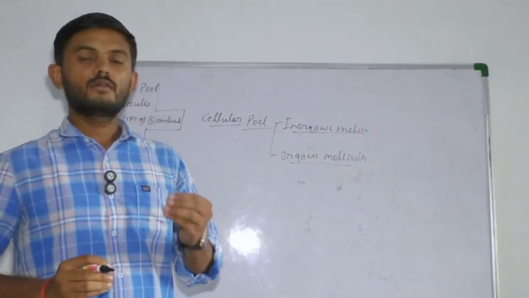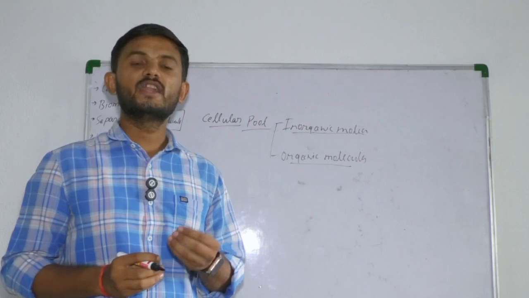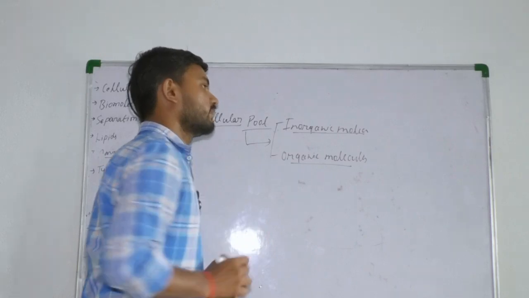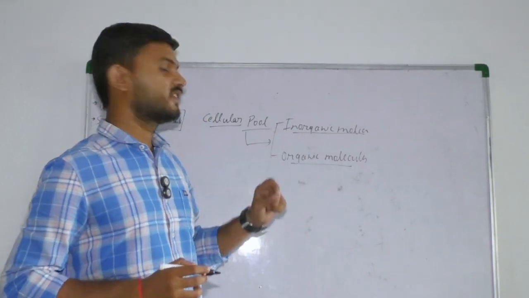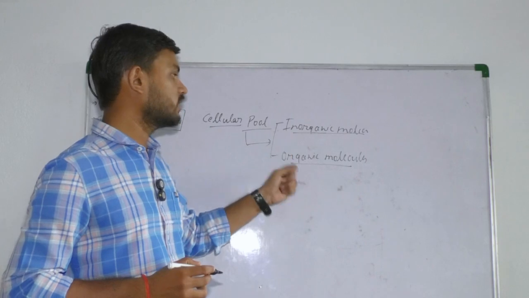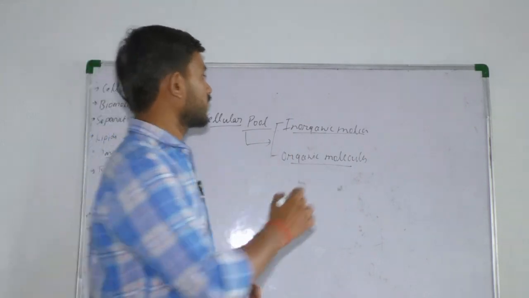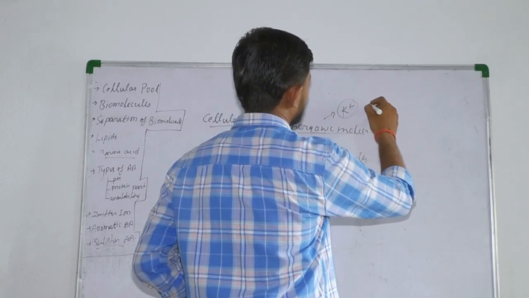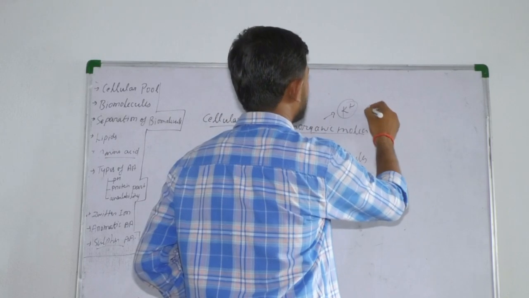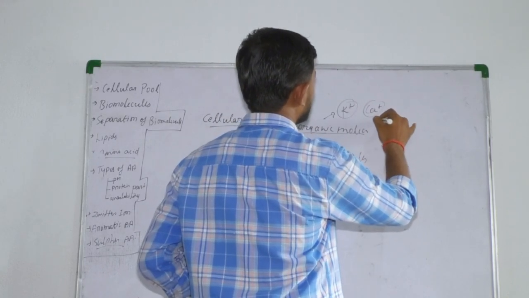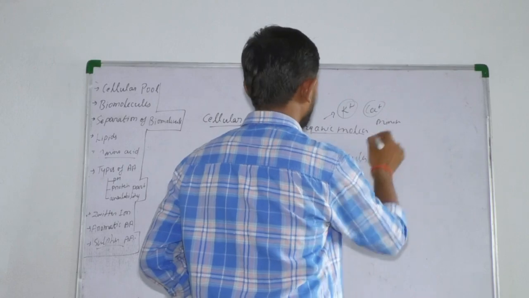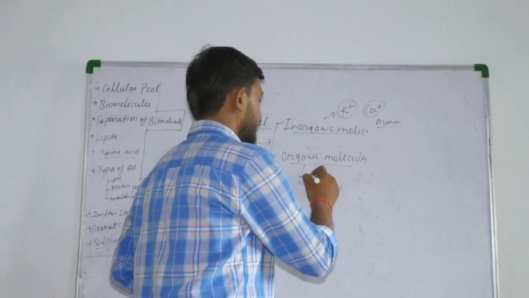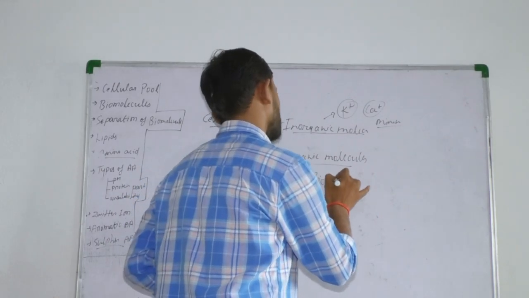Inorganic molecules are different types of elements, such as potassium, calcium and other minerals. And the organic molecules are called biomolecules.